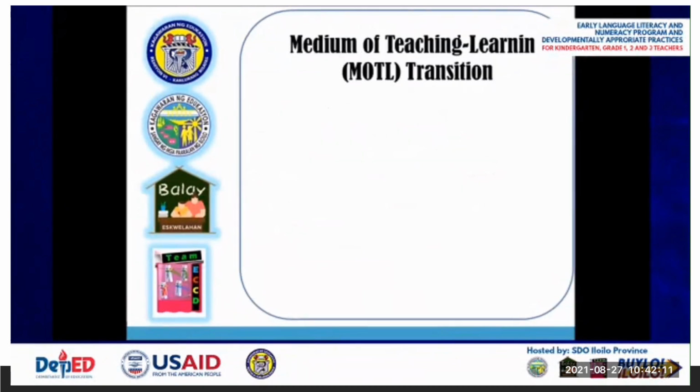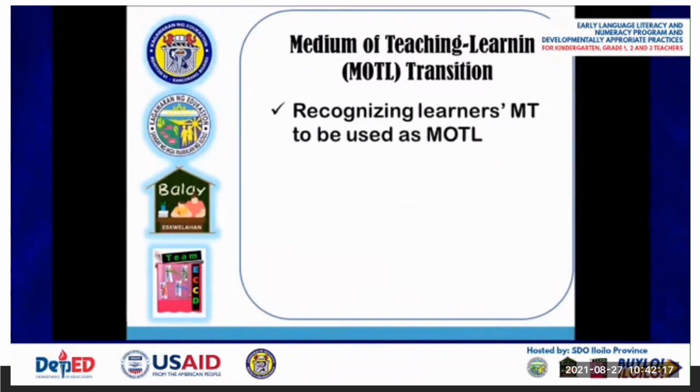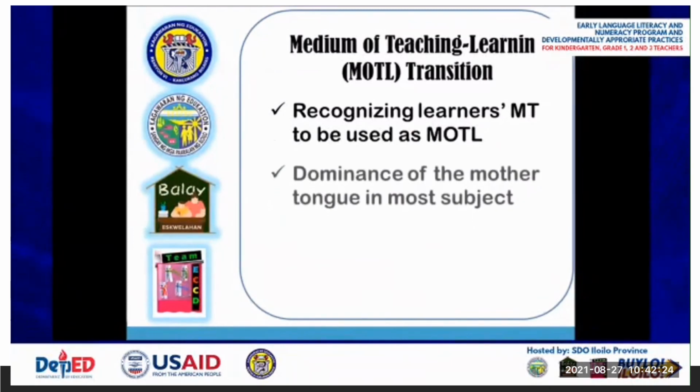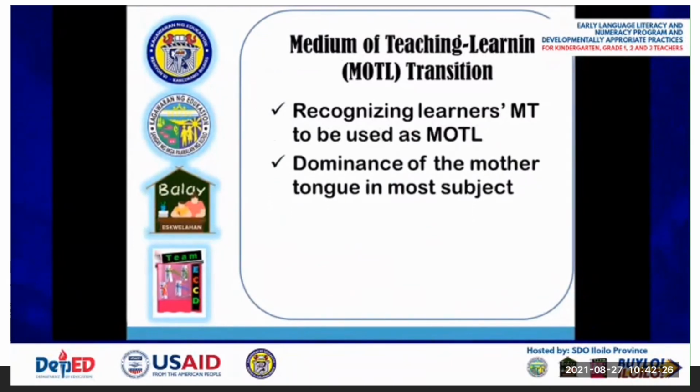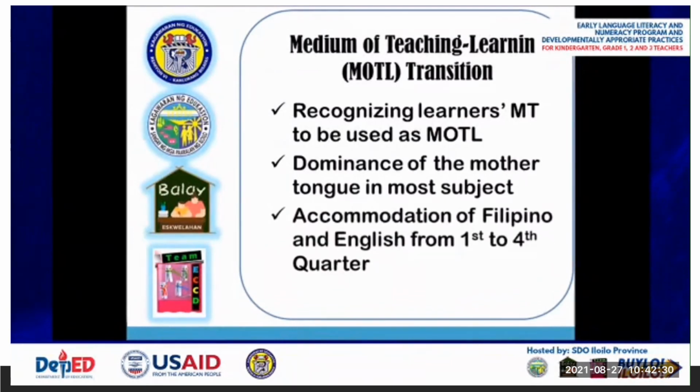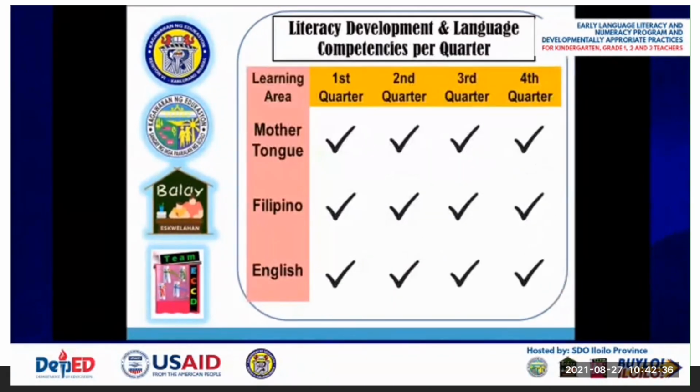Let us proceed to the medium of teaching-learning transition in Grade 2. We recognize the learner's MT to be used as MOTL. There is a dominance of the mother tongue in most subjects, and we accommodate the Filipino and English from first to fourth quarter.